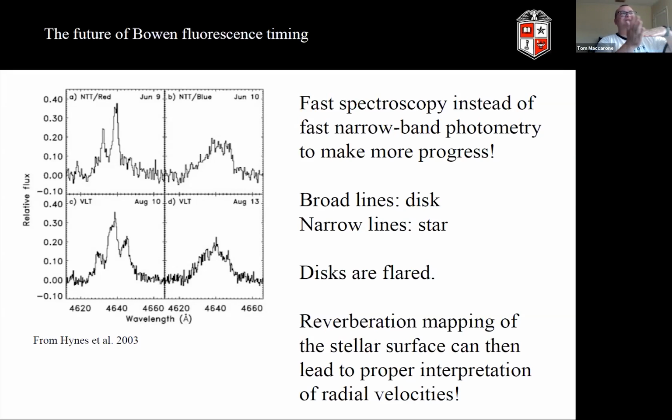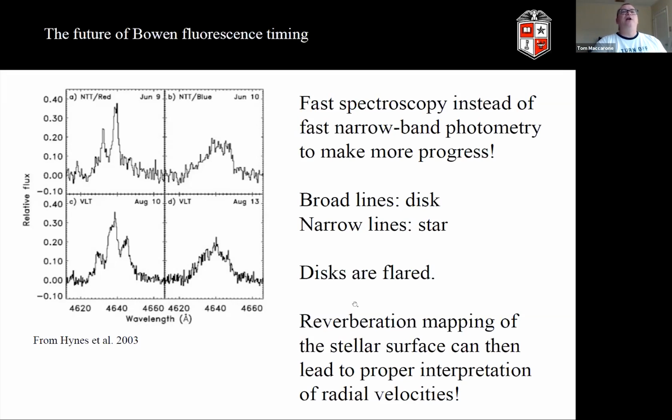Right, and because there'll be different delays from the accretion disk to different parts of the surface of the donor star. Right, so you'd like to do this with fast spectroscopy instead of with fast narrowband photometry so that you can actually isolate the different components of the line, but we haven't had that capability to do this so far.